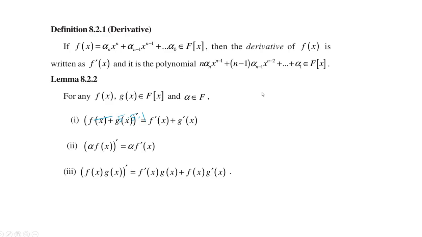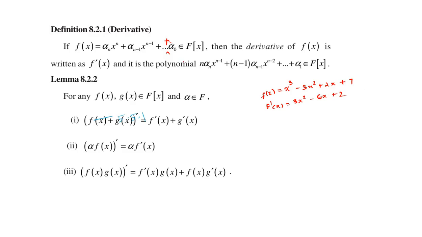You would have studied all these in lower classes itself. So for example, your f of x is x cube minus 3x square plus 2x plus 7, then the derivative of this is 3x square minus 6x plus 2.